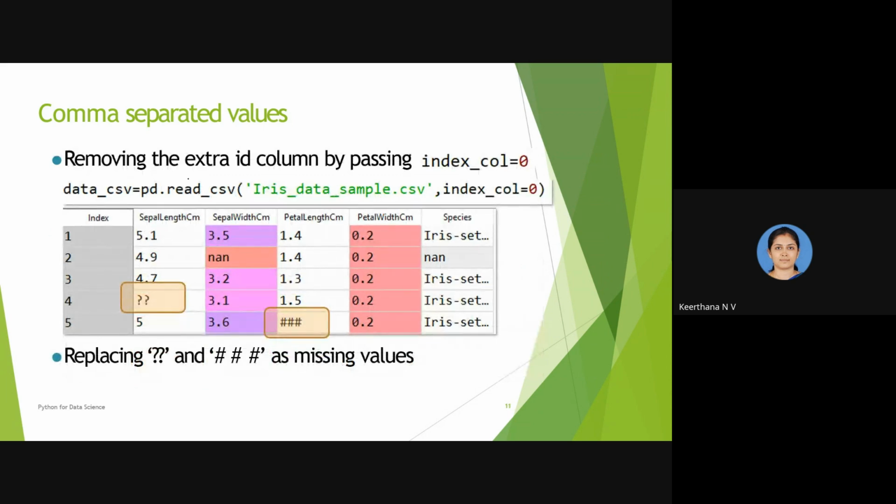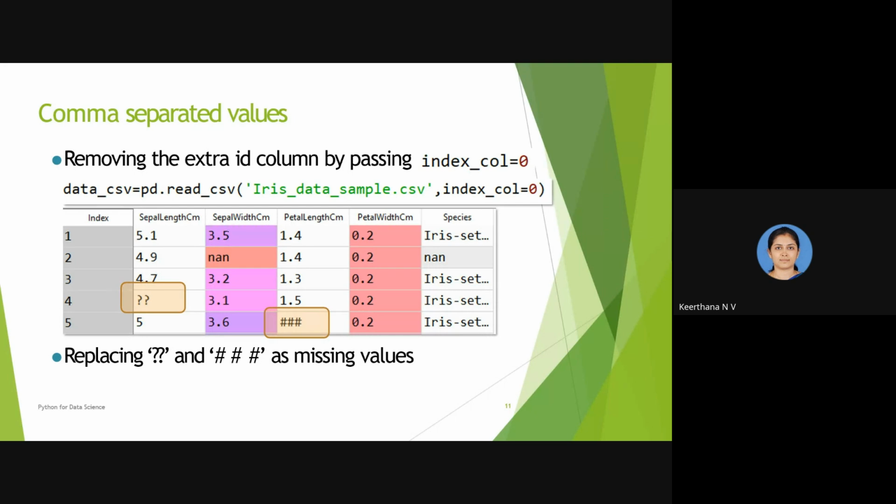So you have to remove the extra values. It means that if any empty data is present in your data set, it is represented as a question mark or hash. It can be considered as NaN values.